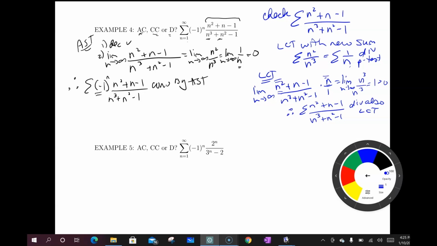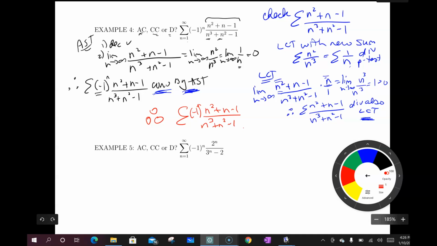Okay, so I have the whole thing converging by AST, and I have the positive part diverging by limit comparison test. So the final conclusion, the therefore, it's necessary to write the whole thing down again, because you want to say the original problem is CC.